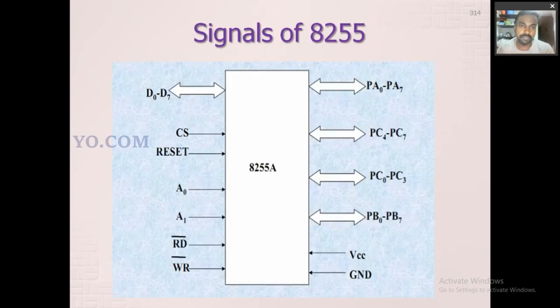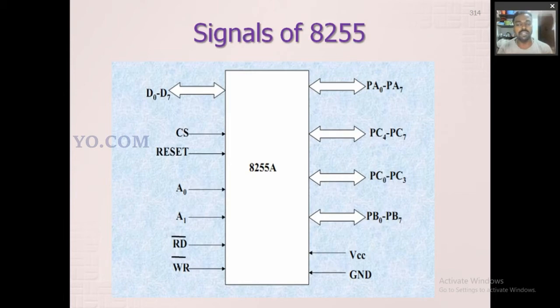Okay, right. This is a signal diagram of 8255. So the 8255 consists of three 8-bit ports: port A, port B and port C. Port C is divided into two 4-bit ports, port C lower and port C upper.